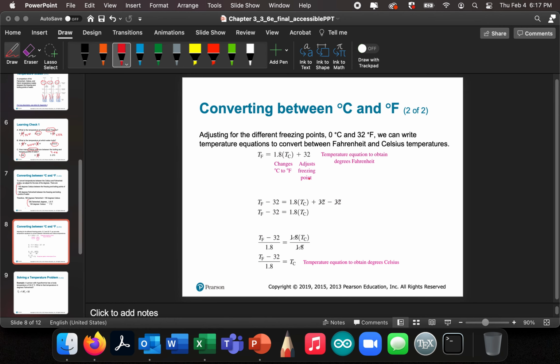So let me just fast forward and say that here's the formula for converting Celsius to Fahrenheit. Fahrenheit is equal to 1.8 times Celsius plus 32. And if you want to go the other way, you just rearrange the equation as I've done here. I got that from someone else. You can put Fahrenheit in here, and you can get Celsius out.